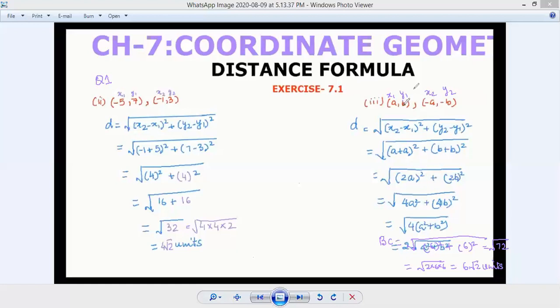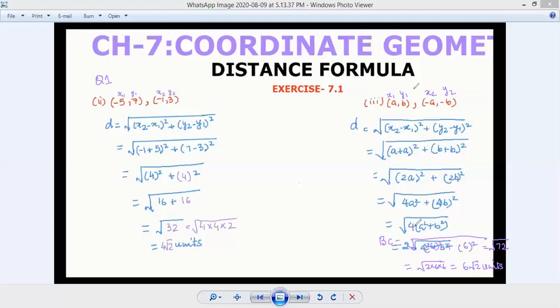Similarly, out of these two y's, consider which one is greater. So this b is greater. From b, you subtract minus b, that means plus b, and therefore it is 2b whole square, and therefore it is 4b square. And children, 4 can be taken common. So inside you are left with a square plus b square.